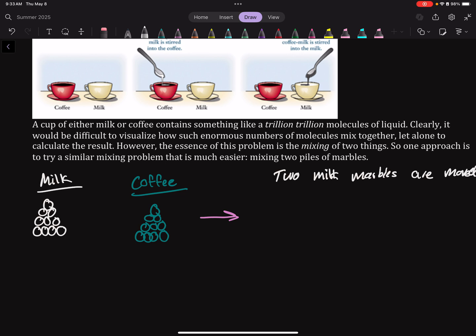So we're getting rid of 2 from the milk pile. So when we draw it, get rid of 2. So we got rid of 2. Now we only have 8 left, and we're moving them to the coffee.